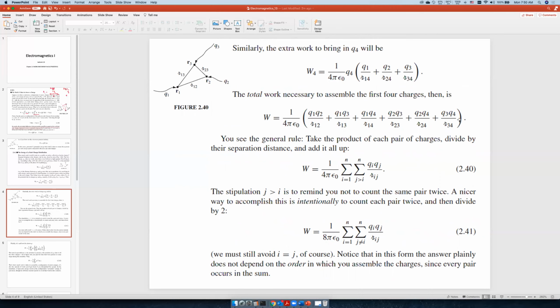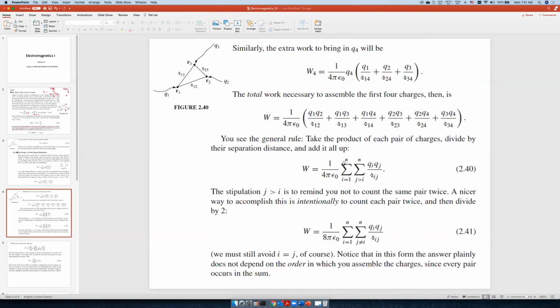If you want to summarize the terms in the parentheses, you can see the general equation: take the product of each pair of charges divided by their separation distance and then add it up. Then the work for the total charges is 1 over 4 pi epsilon 0 times the double sum of Qi Qj over Rij.